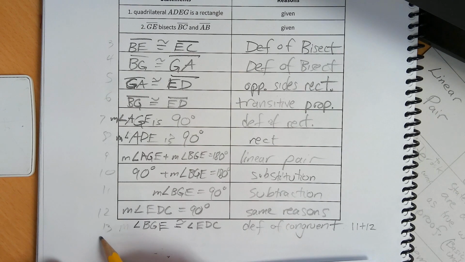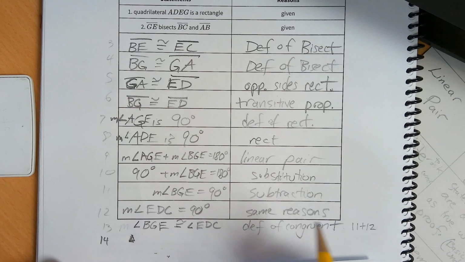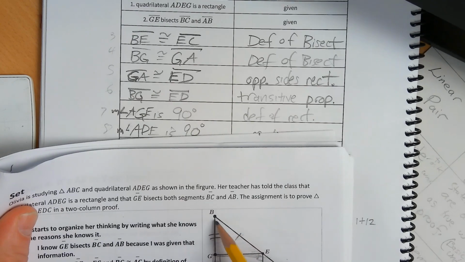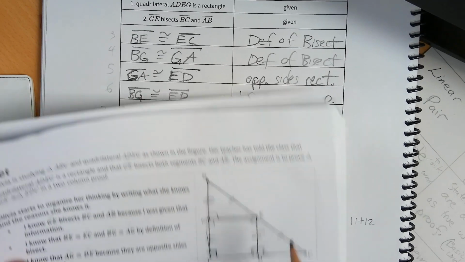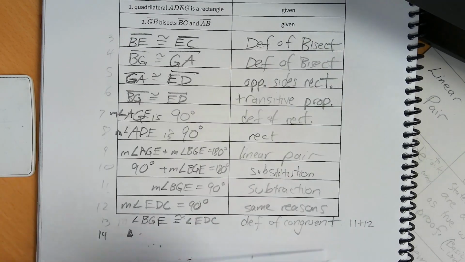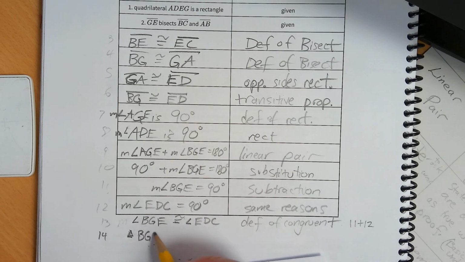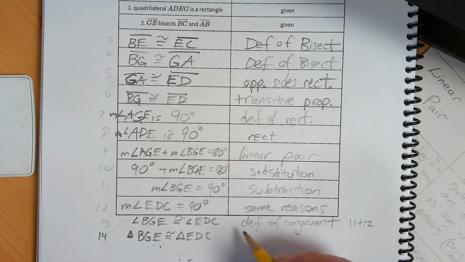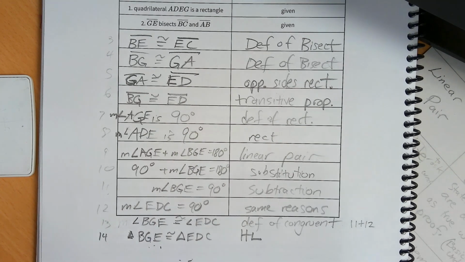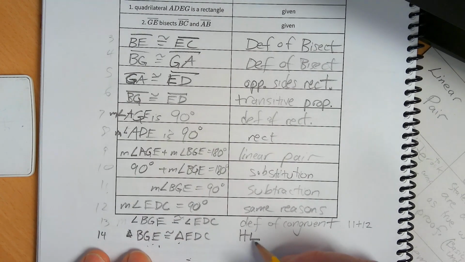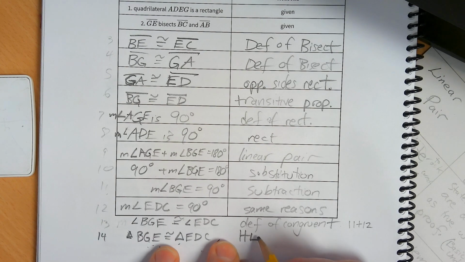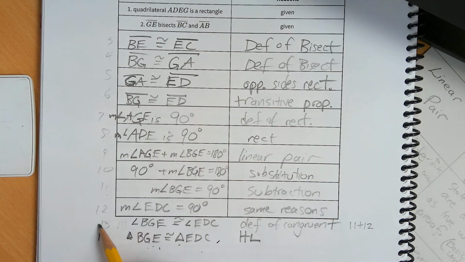And now we are ready for the big show. Triangle BGE is congruent to triangle EDC by hypotenuse leg. And where are my ingredients for this? Oh, I kind of screwed this up. I didn't need this line.